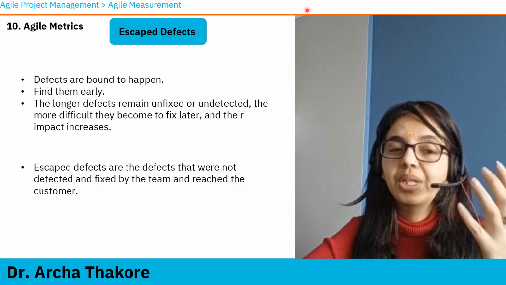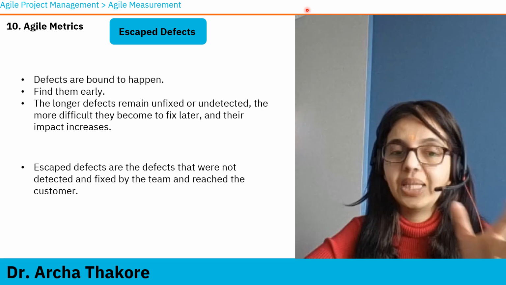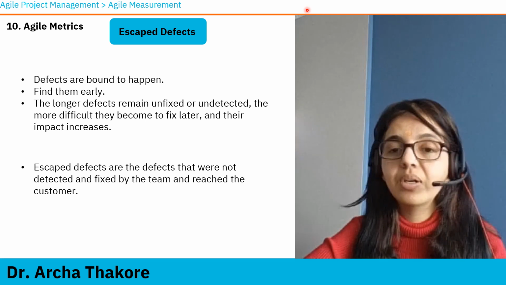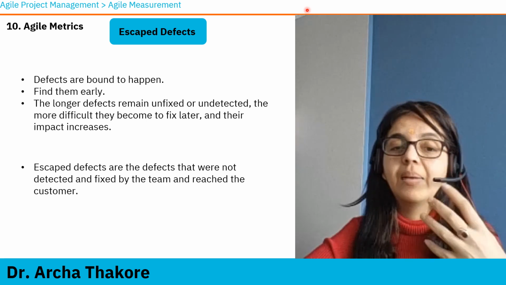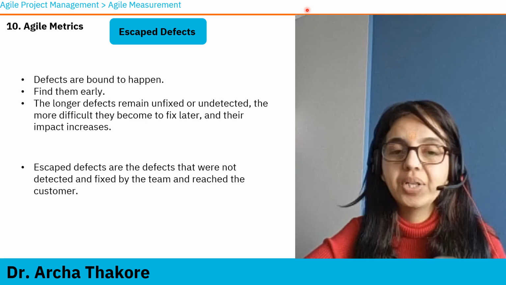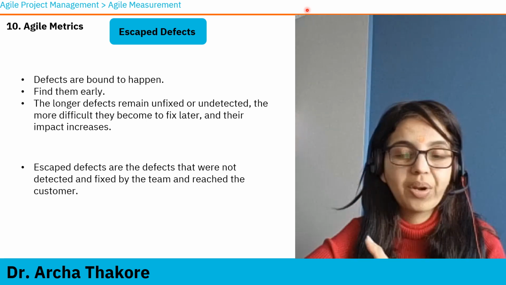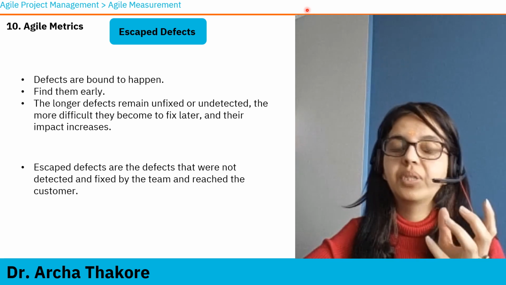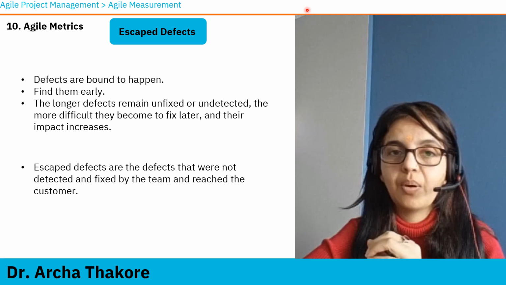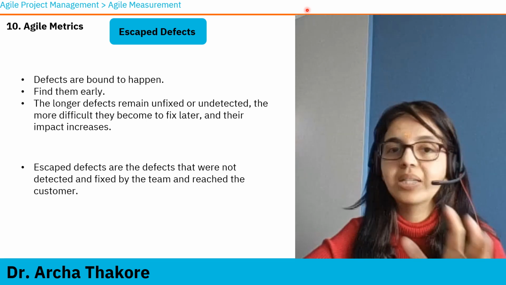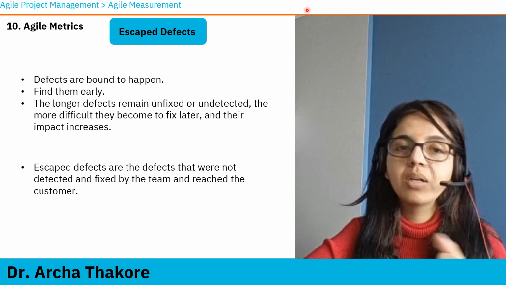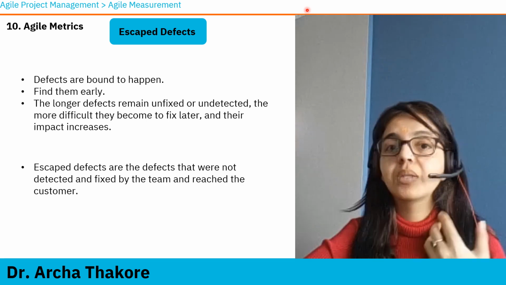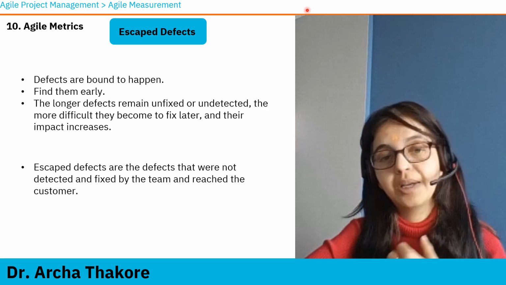The team was not able to detect them and they made it to the customer, which not only affects your customer satisfaction, but it is also harder to fix because it is already in the production system, and then it becomes difficult for the team to rework on it. So basically, defects are bad: more rework, complex fixes, the more time it spends in the system, there is a broader impact and higher cost.